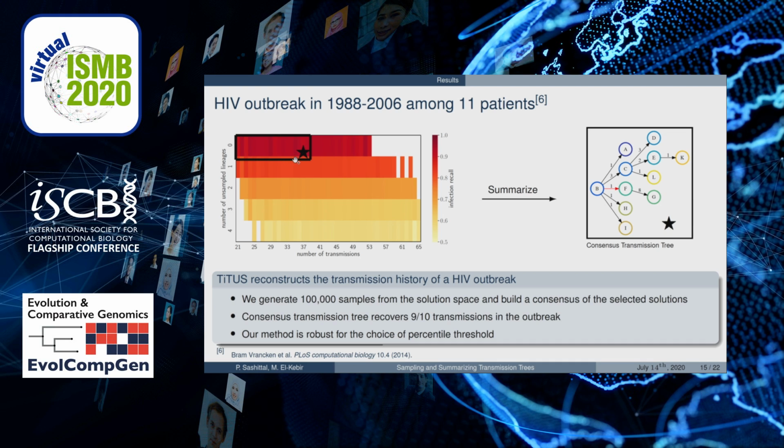And so you get high recall solutions towards the left top corner and low recall solutions towards the right bottom corner. And taking a threshold of 0.01, we get all the solutions in this black box, which when we summarize using our consensus-based approach, we are able to recover 9 out of 10 transmissions in the outbreak. And we also show that our method is robust for the choice of this percentile threshold.